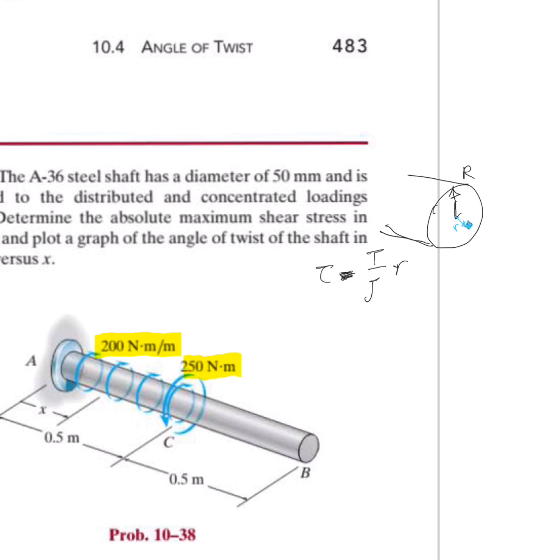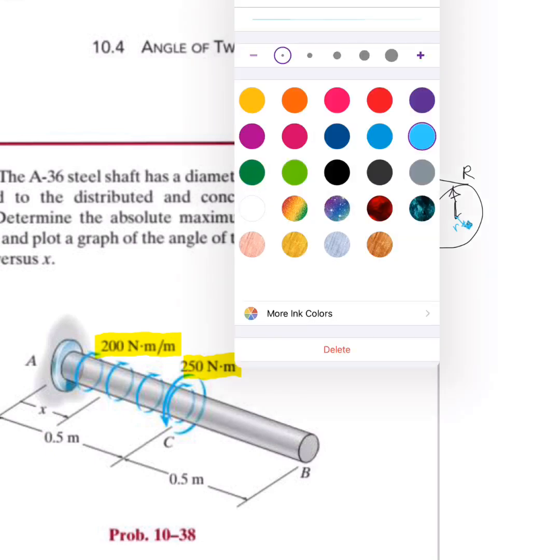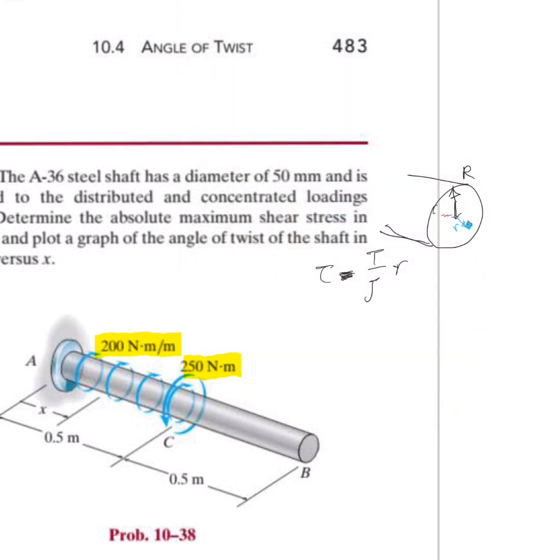In this case of torsion, the line passing through the center is our neutral axis, because the shear stress is 0 there. This dashed line is the neutral axis. So the shear stress at the very center is 0.